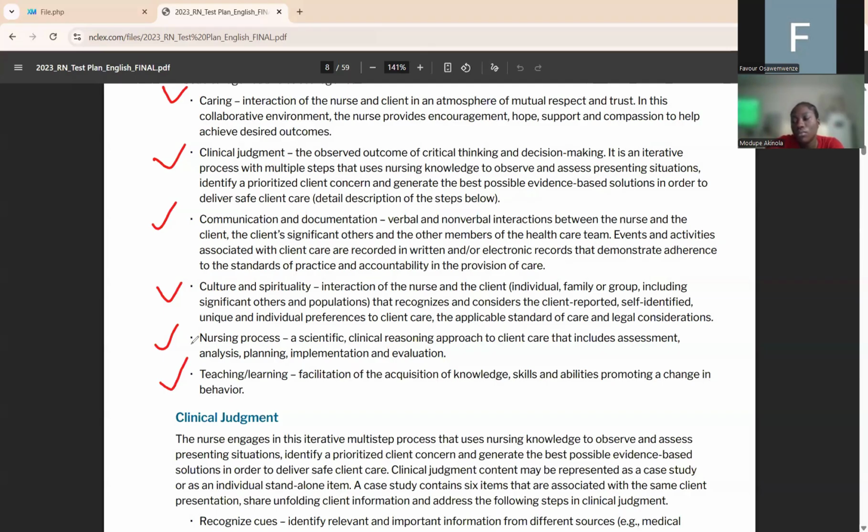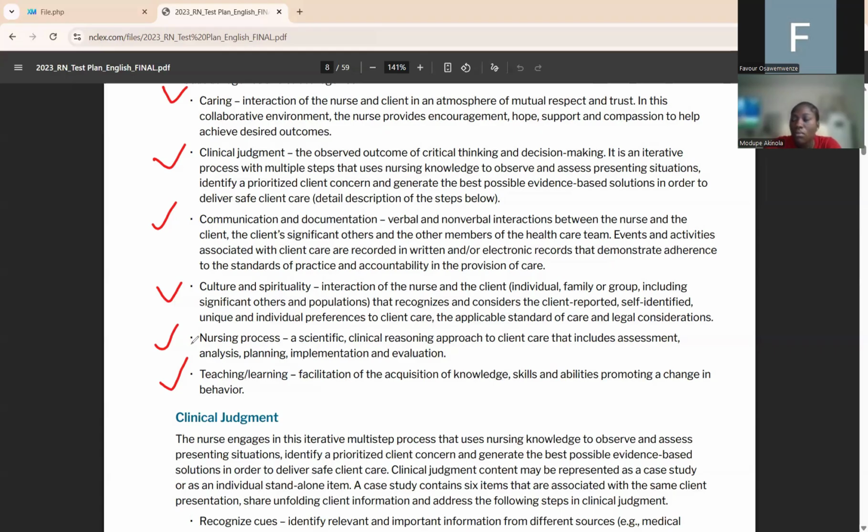You're supposed to be able to tell that this question falls under the caring concept, this one under clinical judgment, this one under communication and documentation, this one under culture and spirituality, this one under nursing process, this one under teaching and learning. That is how you will be able to answer the question effectively.